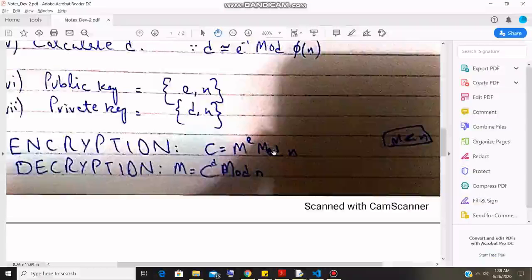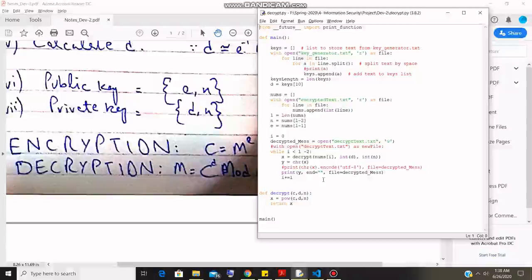First of all, we would define the decryption function, power of c raised to power d, and then n, and we are going to use the same encryption text file that we have encrypted.